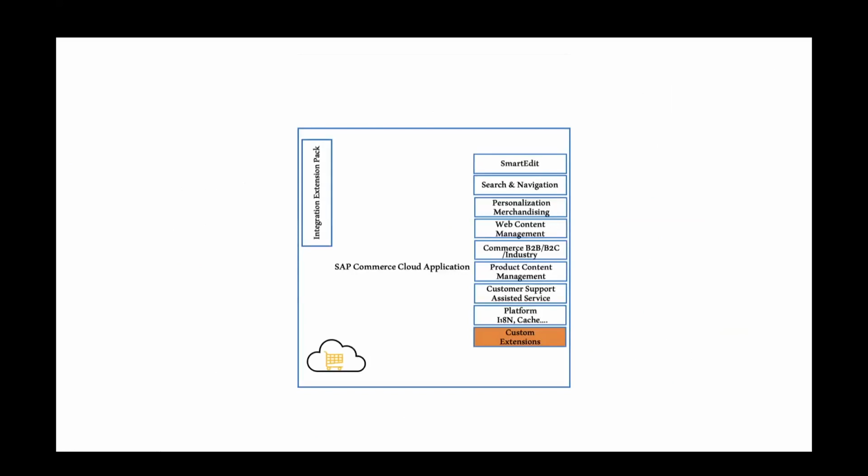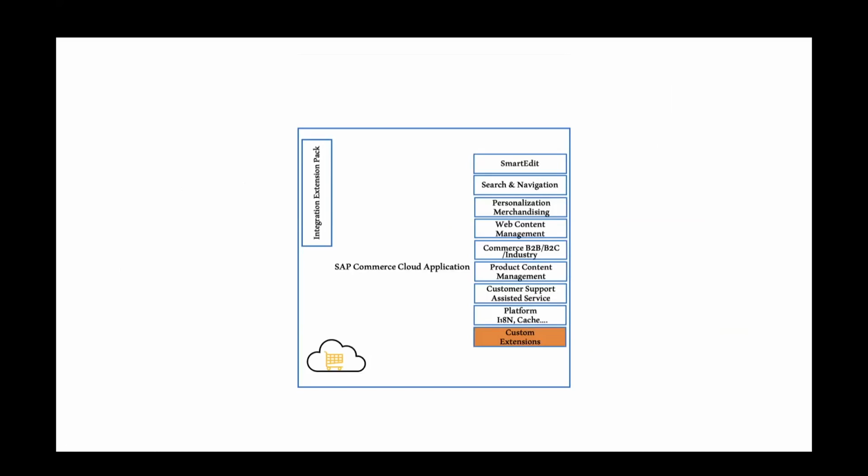So for example, I have a requirement for Smart Edit. I will let you know what exactly Smart Edit is. I will include that Smart Edit in my build XML, and I can use that feature.